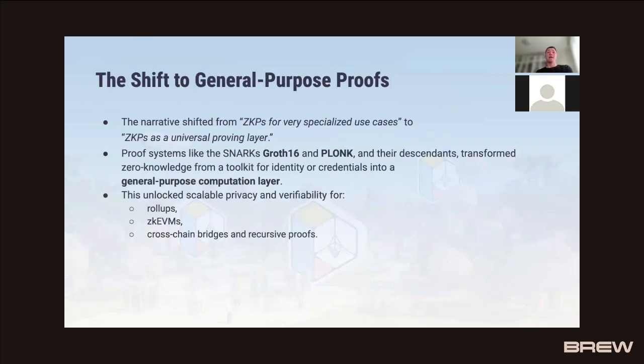At the beginning, we only had zero knowledge proofs for something very special. We could prove in zero knowledge that some number is a square in something. But then later with Groth16, Plonk, and their descendants, we actually got general purpose proof systems. And these unlocked a lot of use cases like rollups, ZK layers, and things like this.